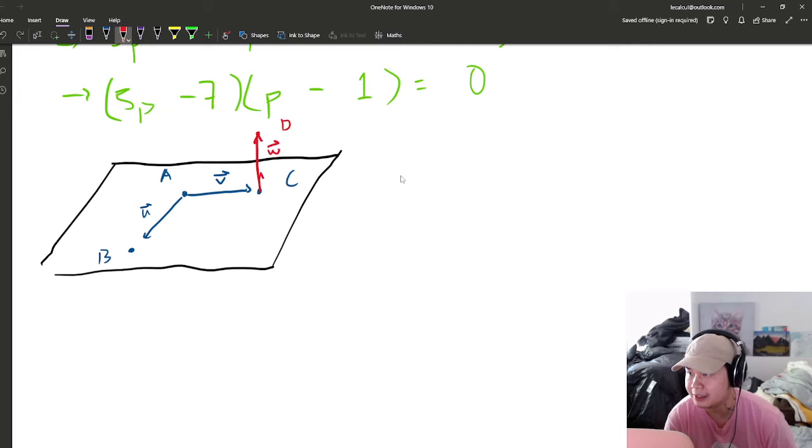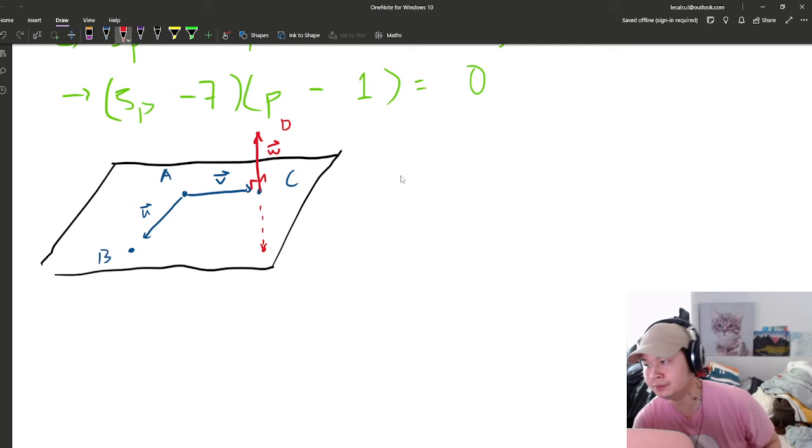It's perpendicular to the plane. They said possible ones because you don't know whether D is pointing in the way that I oriented it and drew it, up or down. So D could also have been below the plane and it could be pointing down. So we need to figure that out.